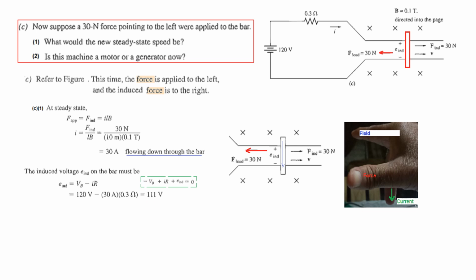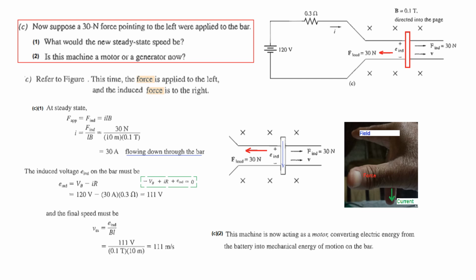So now the induced voltage is 111 volts. And now we can find VSS. VSS is E induced over B times L. Plugging in the values, the steady state speed is 111 meters per second.